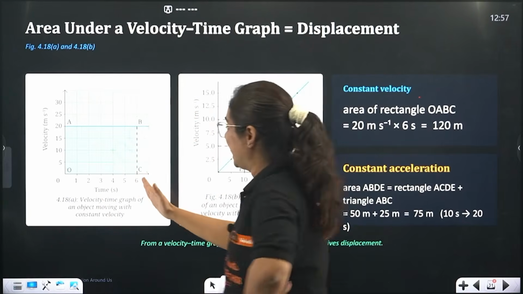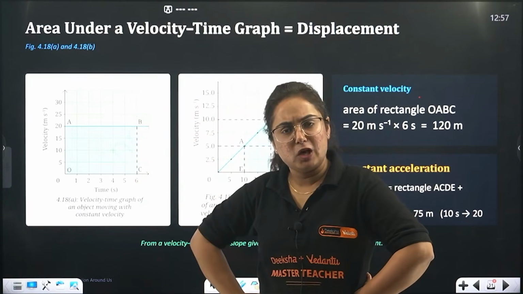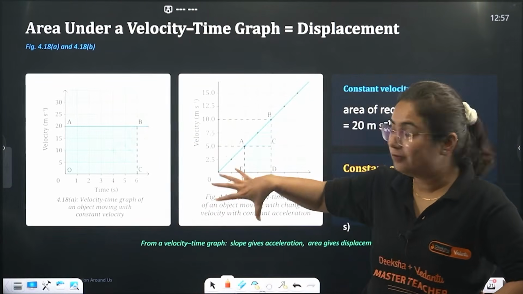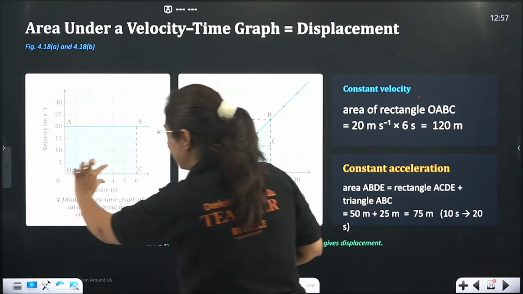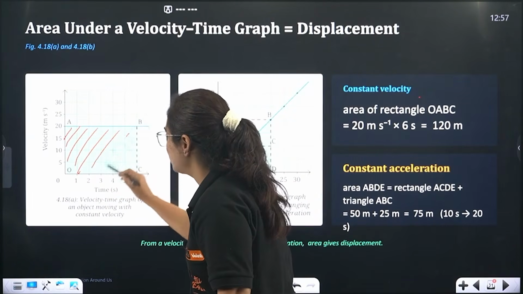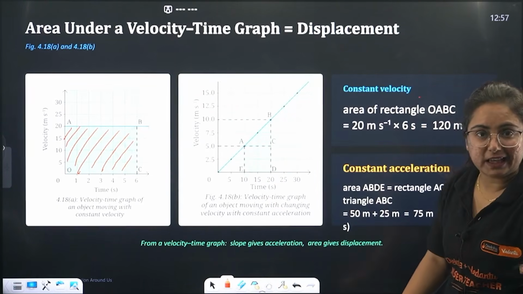However, after a time interval, that is 6 seconds, the object was again at the same velocity, that is 20 meter per second. Now, in that case, beta, with the help of these graphs, we can see, this is the graph where velocity and time is being shown, and the area covered is actually equal to a rectangle when the velocity was constant. How to find that area?